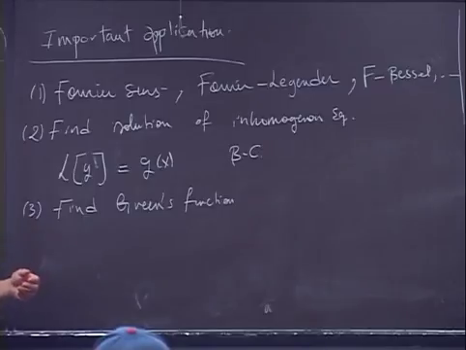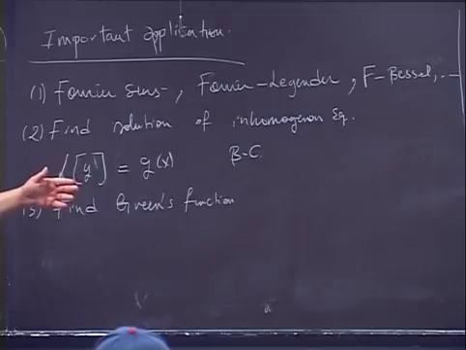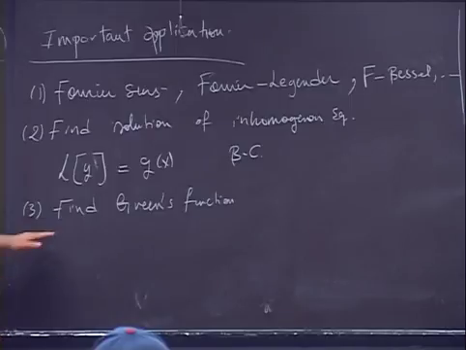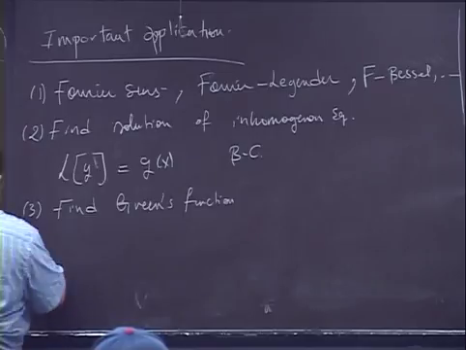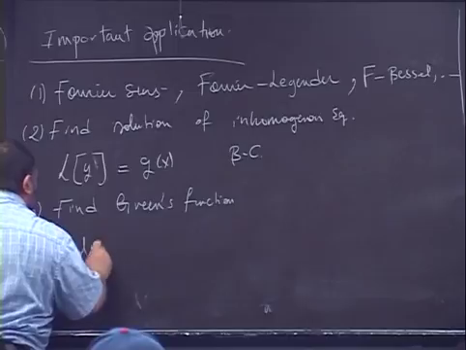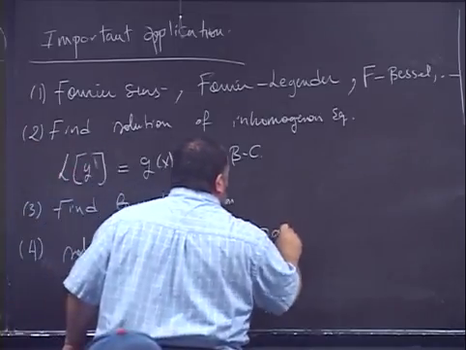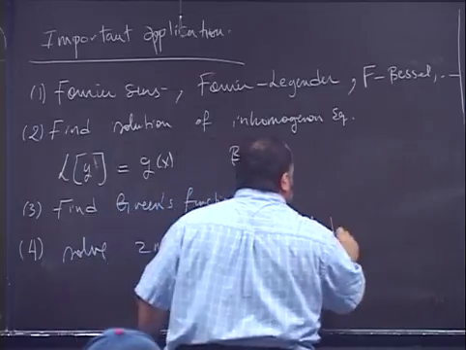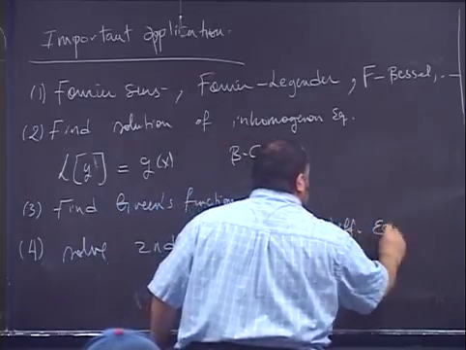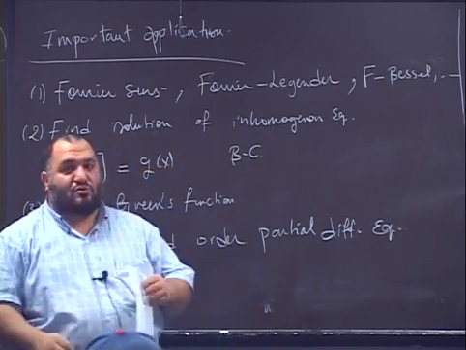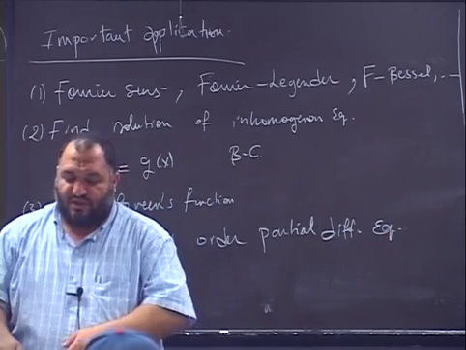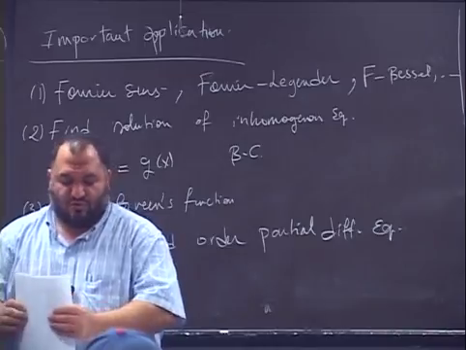Or if you want to know the heat flux at a certain position R in cylindrical geometry because of a heat source at R prime, and so on. Those are called the Green functions. And again, you can use it to solve second order partial differential equations. So with this, I will conclude the chapter, and also I will conclude the course.